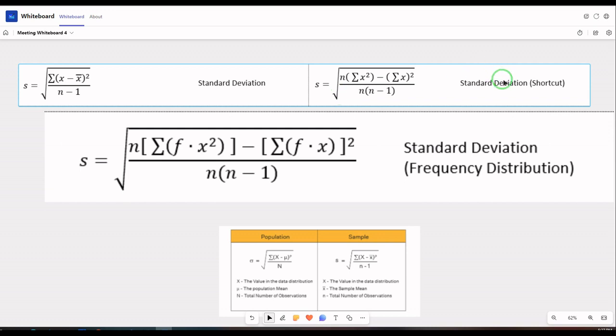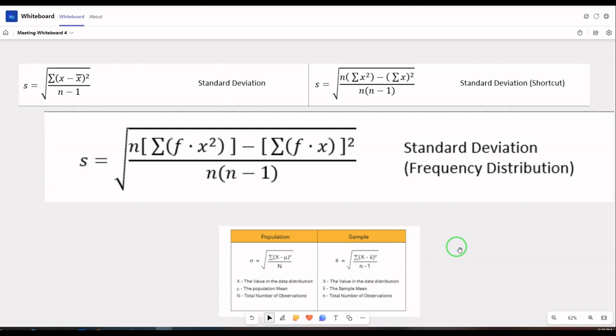As you can see, this one they call a shortcut because people find it easier to use, and actually it would have less calculation. And I will teach you how. But remember, the S stands for the standard deviation of the sample, and then there are different formulas.